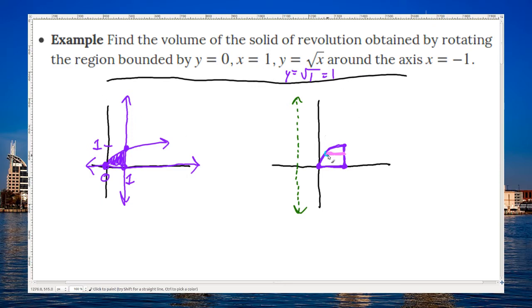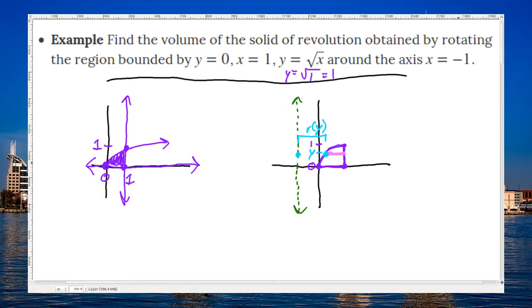So here from the axis to this point, that's my inside radius, little r of, now I put x, but that's no good, because these horizontal points here have a fixed y value. So it's going to be little r of y at this particular y value, which is between 0 and 1. So there's my little r of y.